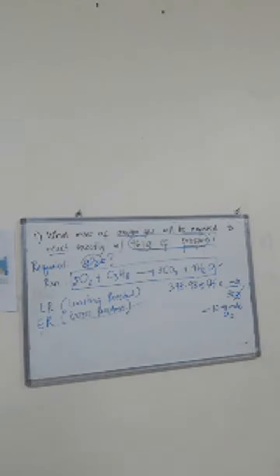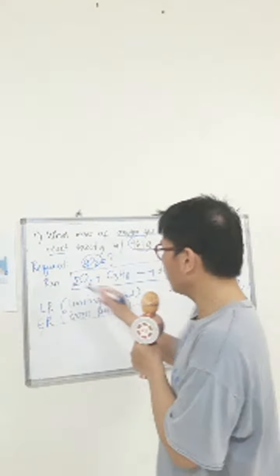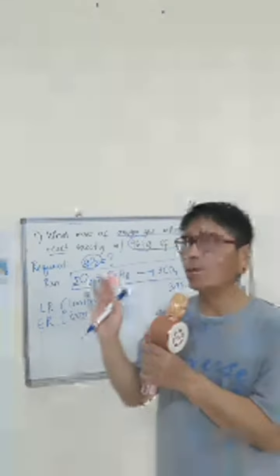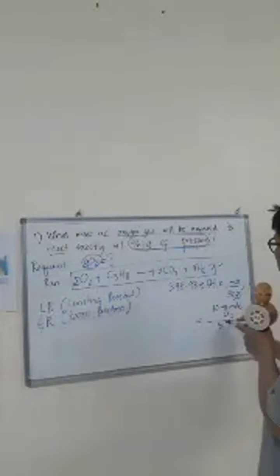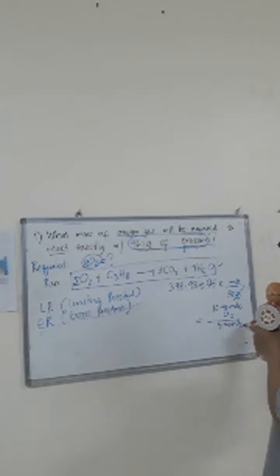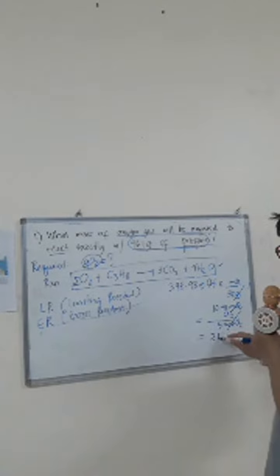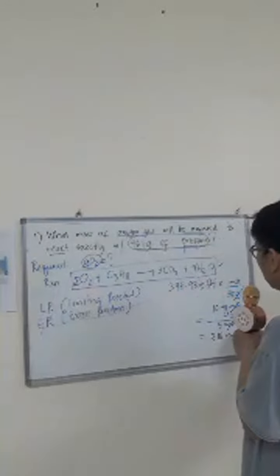Now, divide by the original number of moles of oxygen gas in the reaction, which is 5, because that is the ratio used in determining the limiting reactant: the ratio of the final and initial number of moles. So 10.91 divided by 5, you get 2.18. Consider the number with the lesser value; that is your limiting reactant, so this is 2.18 moles of oxygen.